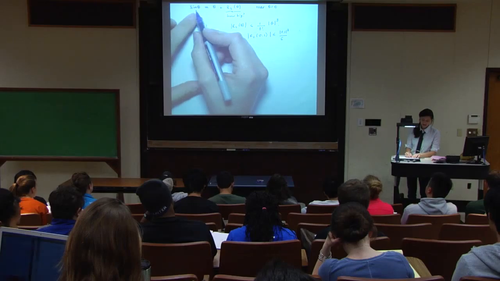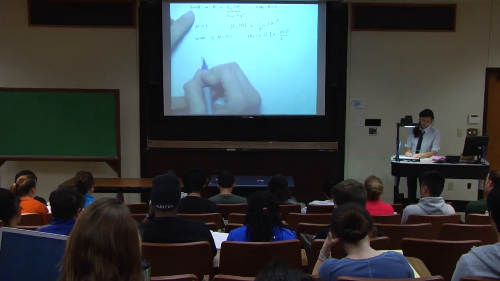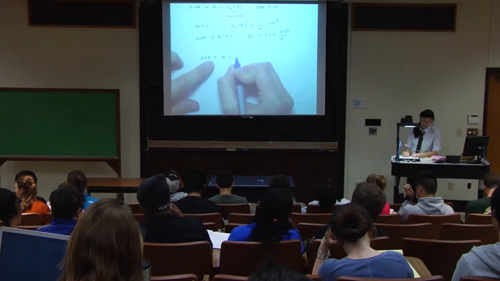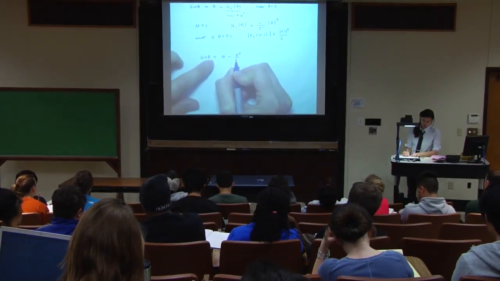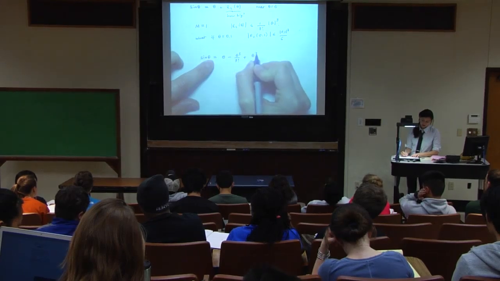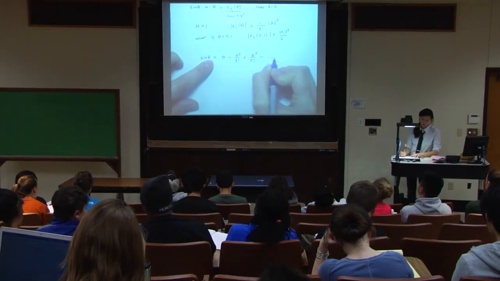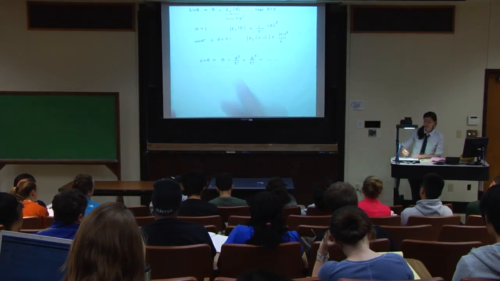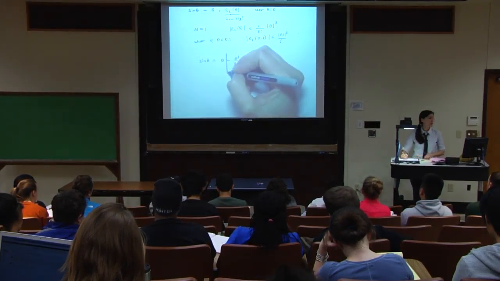So the idea is that the Taylor polynomial, so we have sine of theta, which is theta minus theta cubed divided by 3 factorial plus theta to the 5 over 5 factorial minus blah, blah, blah. And the point is that we are stopping at theta. So that's the kind of approximation that we're getting.